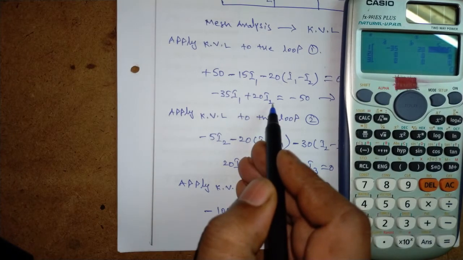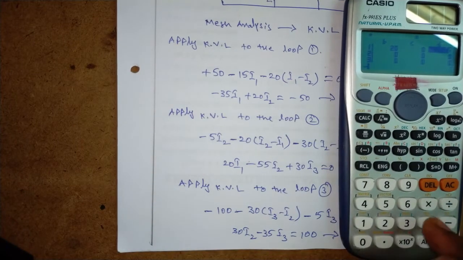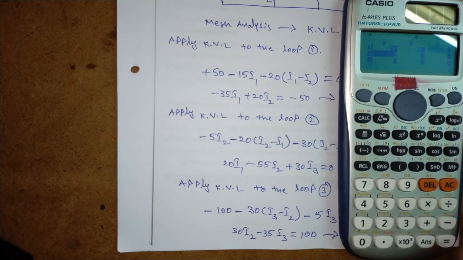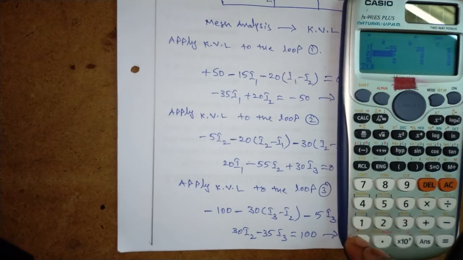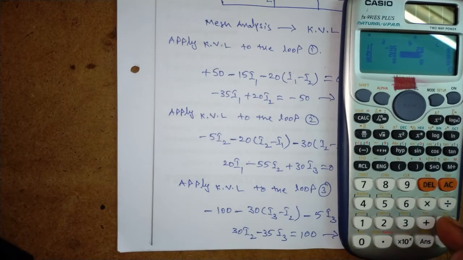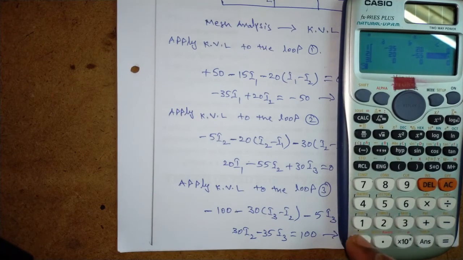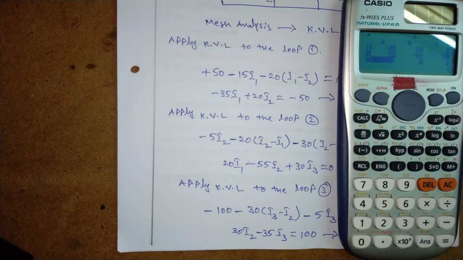There is no I3 coefficient, 0, and minus 50 constant. Next, coming to the second equation, 20 is the I1 coefficient, the I2 coefficient is minus 55, the I3 coefficient is 30, and there is no constant, enter 0.